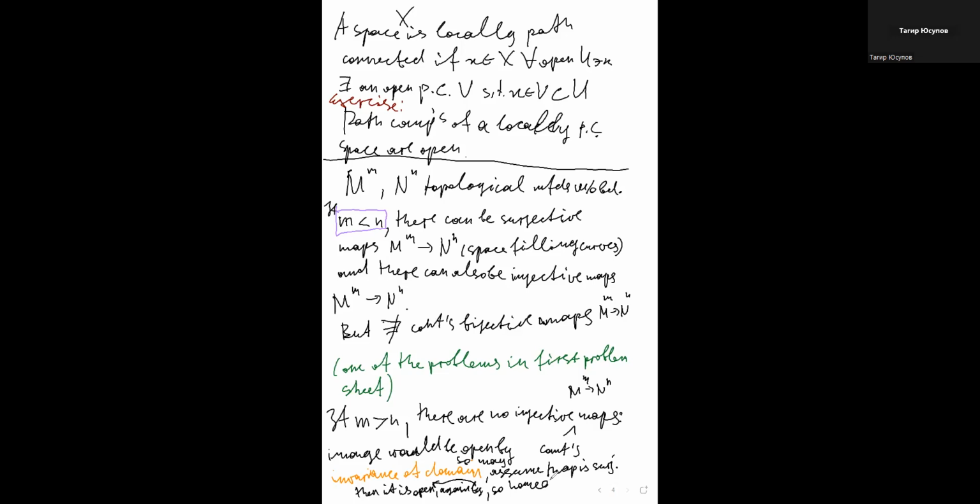I don't understand why we can assume that it's surjective. Well, the image is open, so it's again a manifold, and we replace n with the image. The image of M is open.